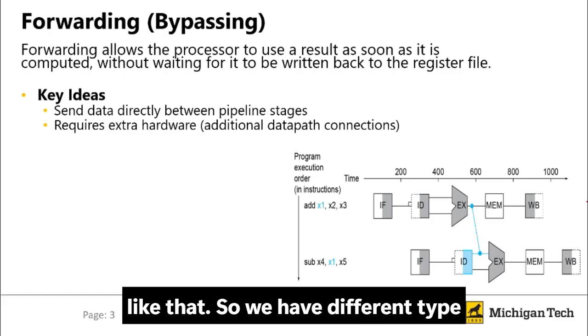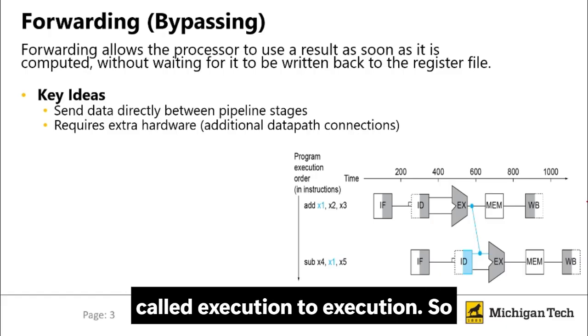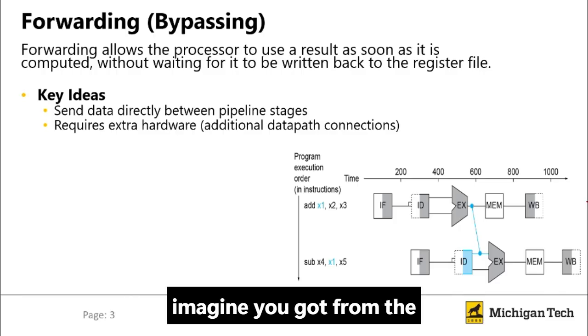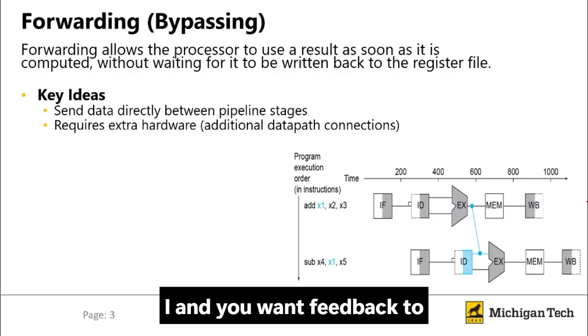We have different types of forwarding. This forwarding is called execution to execution. Imagine you take the output of the ALU and feed it back to the input.